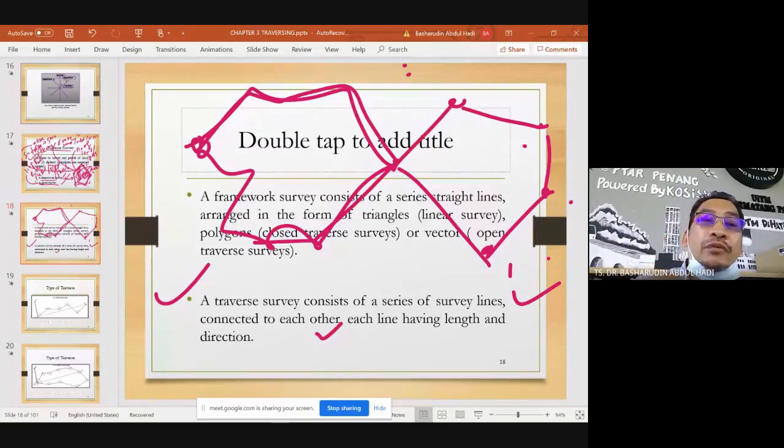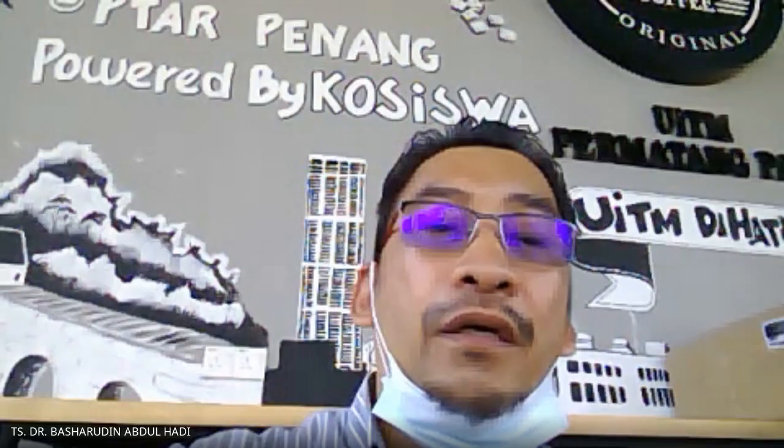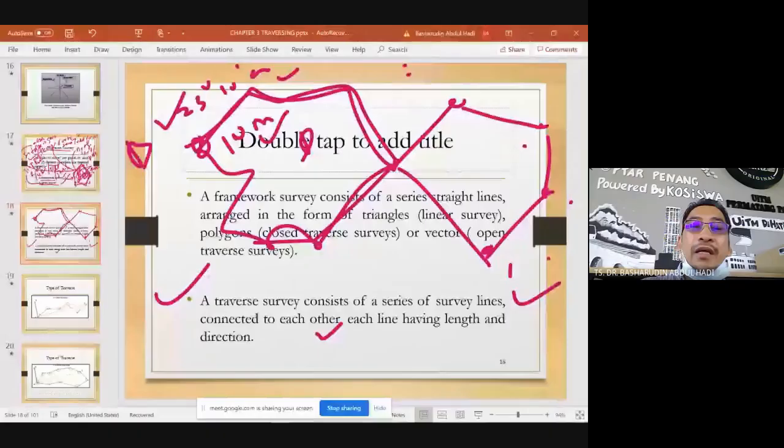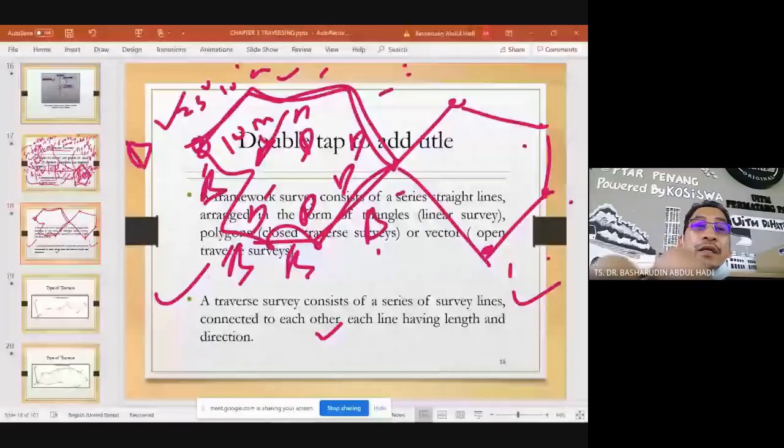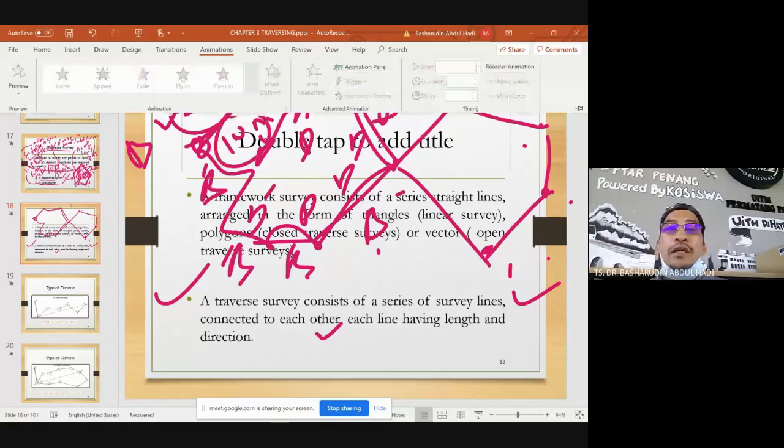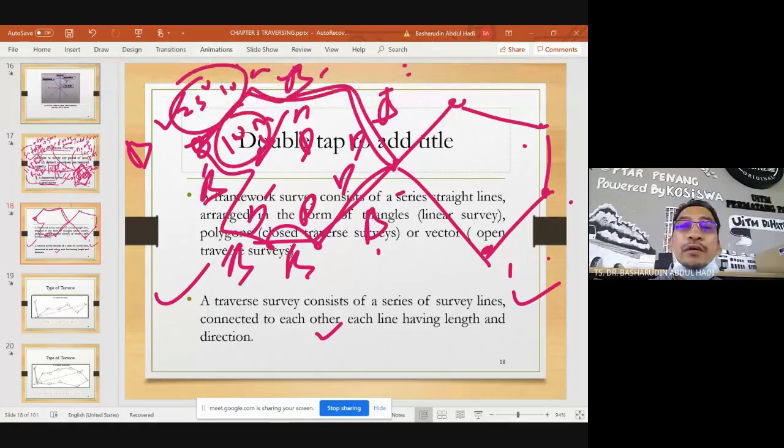So we have this one maybe 20 degrees, 10 minutes, 0 seconds. The length is 10 meters. So we have a bearing here, we have a distance, and all of these must have a length. Bearing, bearing, and bearing, each must have a distance.